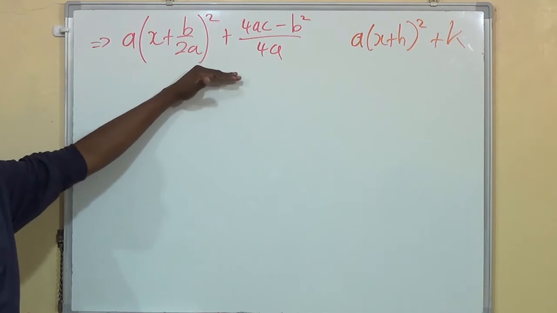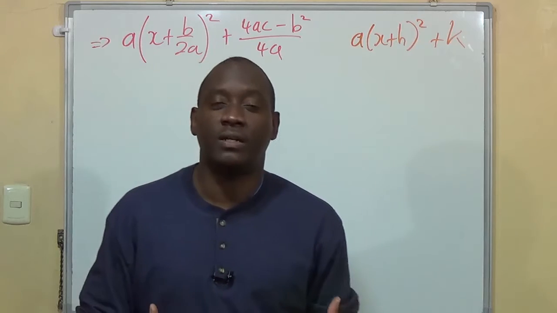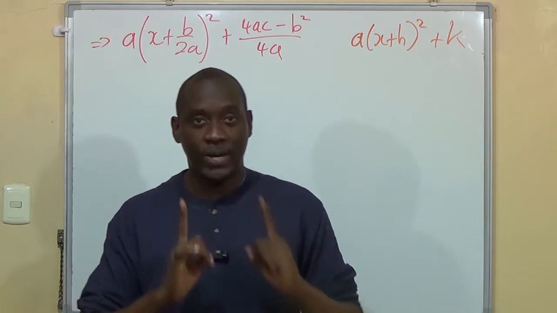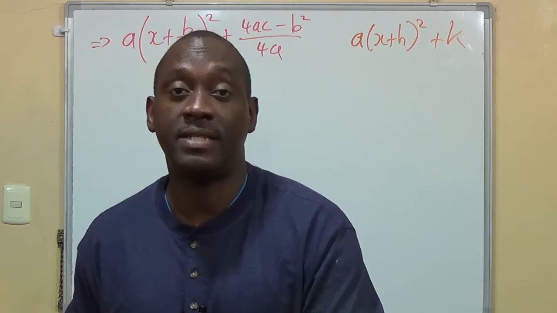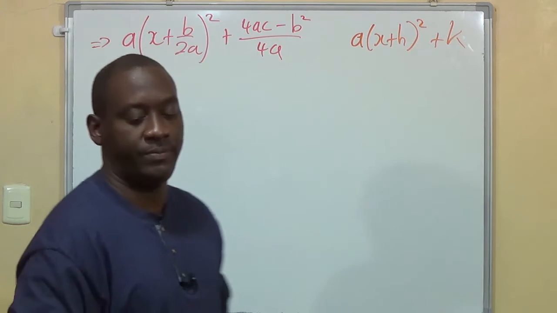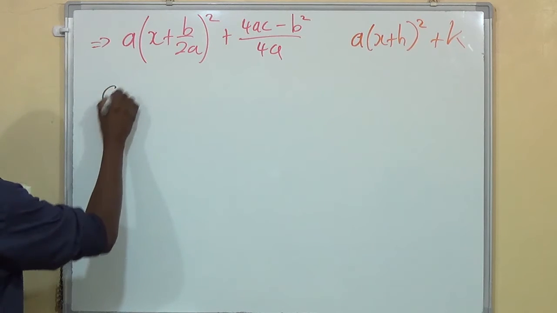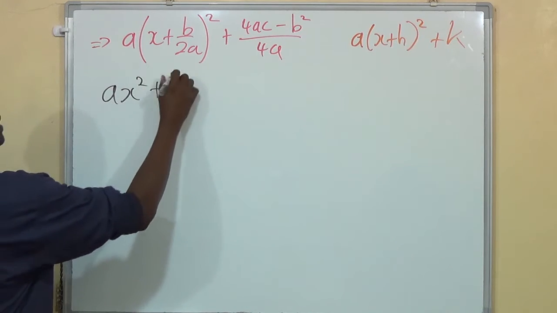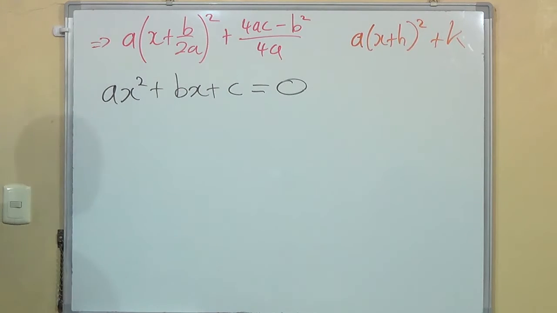So we're going to use this result in the solution of the quadratic equation ax squared plus bx plus c is equal to 0.